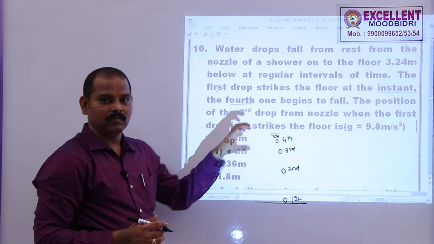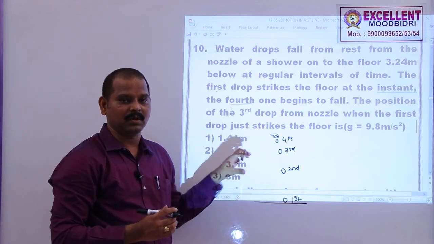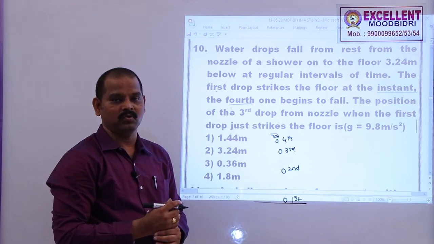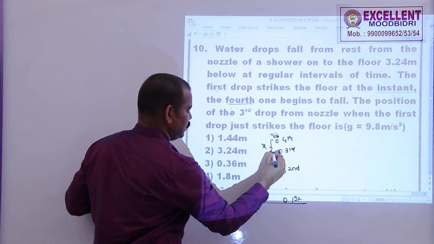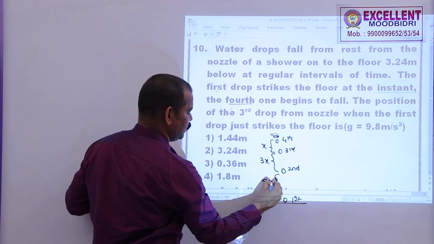We know that for a freely falling body, the displacements covered in equal intervals of time will be in the ratio 1:3:5:7 according to Galileo's law of odd numbers. So if this is x, this will be 3x, this will be 5x.